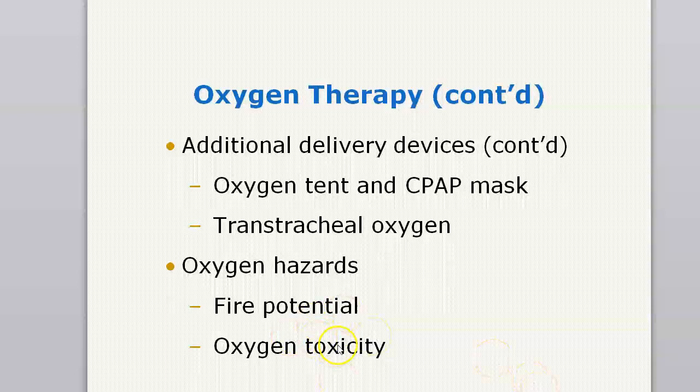And what do we mean by that? Usually patients who receive high levels of oxygen can develop oxygen toxicity. I'm not going to get into a lot of details, but you might see patients develop respiratory problems because of it.